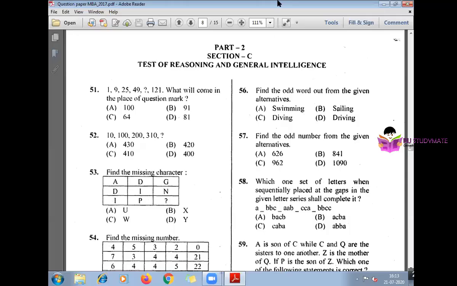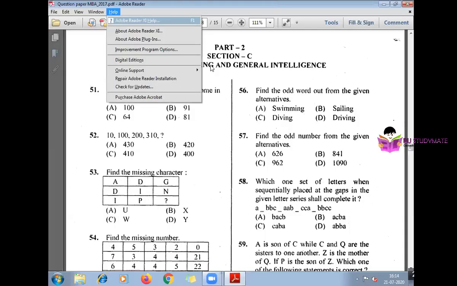That means we know A to Z has 26 letters, and A is the first letter, B is the second, C is the third, D is the fourth. In that order, we have the 26 letters up to Z. So if somebody asks what is 18, you should be able to say R. If somebody asks what is 15, you should say O. Or in reverse, if somebody asks you what is the letter U, you need to answer 21. If somebody asks J, you need to tell 10. That's how fast you should be.